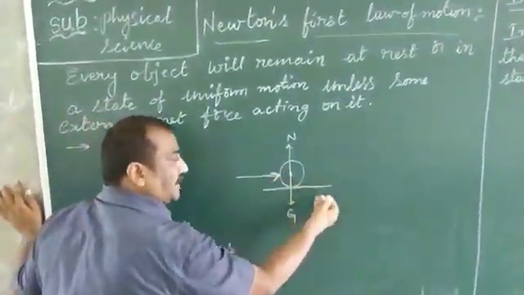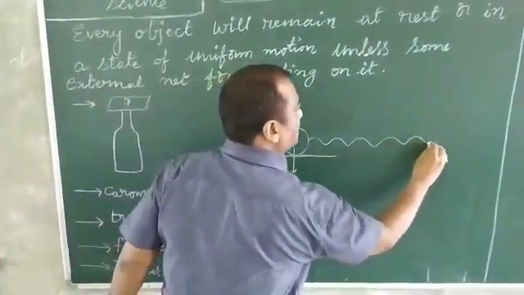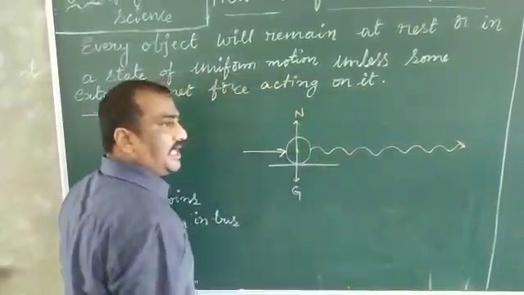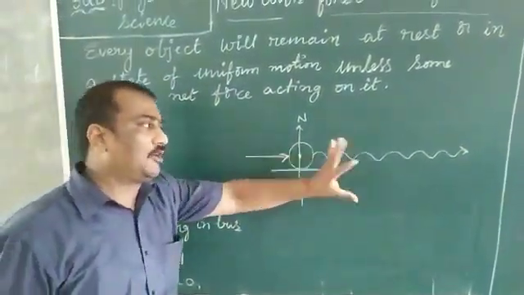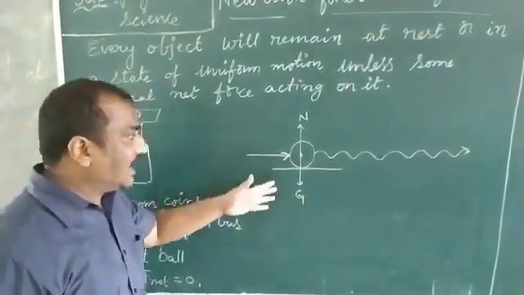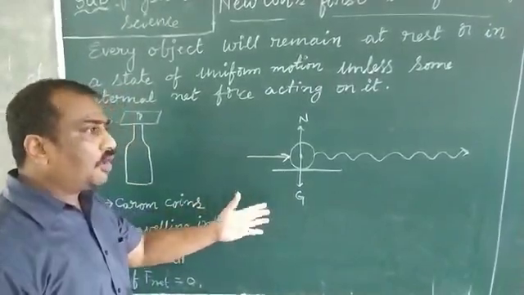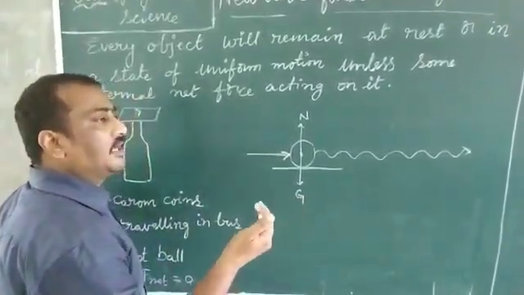If there is no frictional force acting, the ball moves continuously until some external force acts on it. But in this case, the ball is on the floor while I am applying some force.